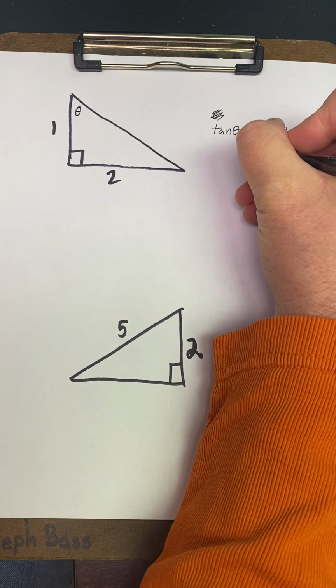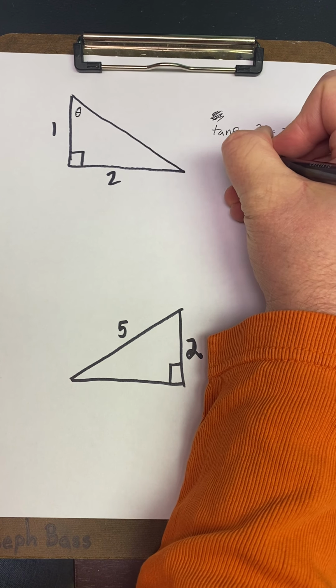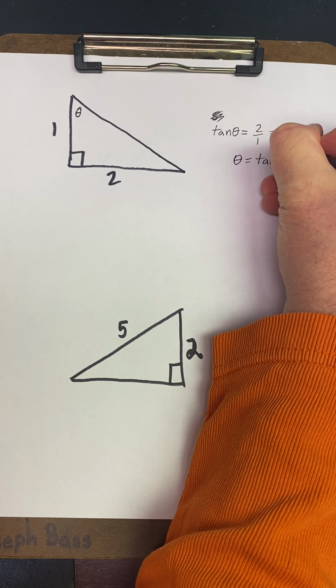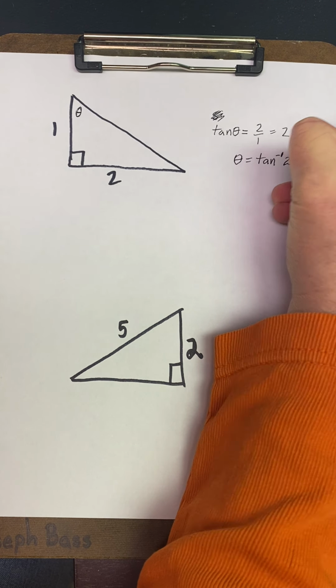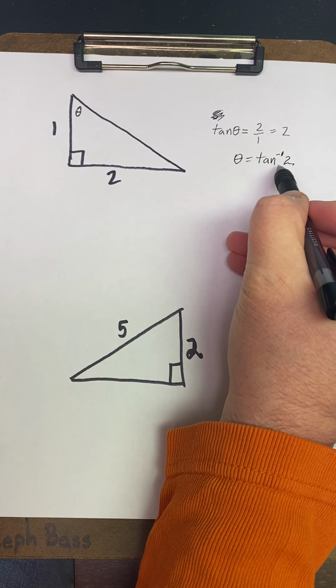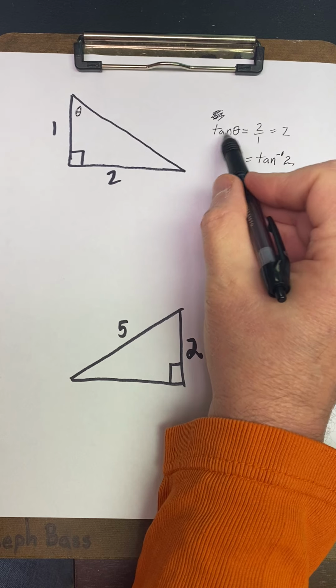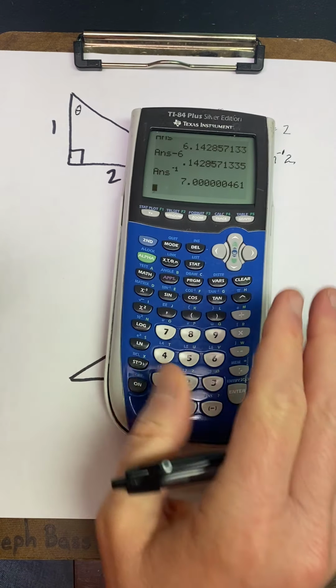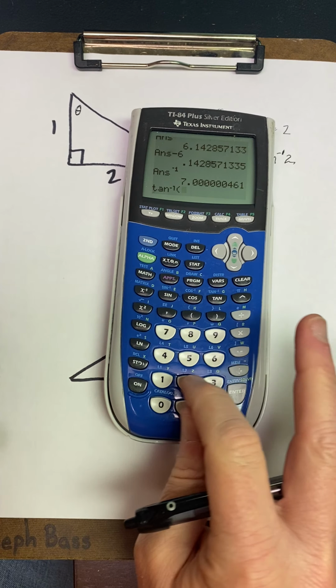So we know, therefore, from what we learned yesterday, theta is the angle whose tangent is 2. Theta is the inverse tangent of 2, right? The inverse tangent is the angle whose tangent is 2. The tangent of theta is 2, so theta is the inverse tangent of 2. I've got my calculator set in degree mode, and I am going to use it to find the inverse tangent of 2.